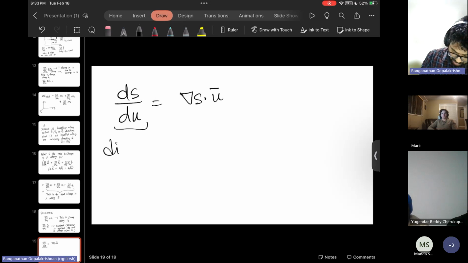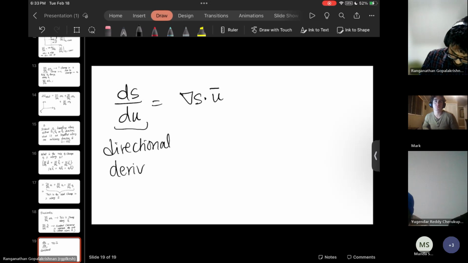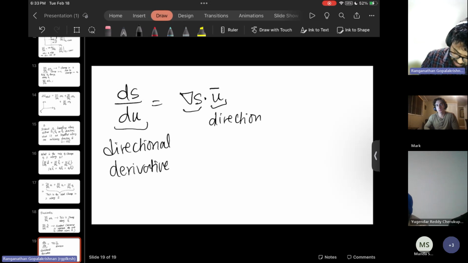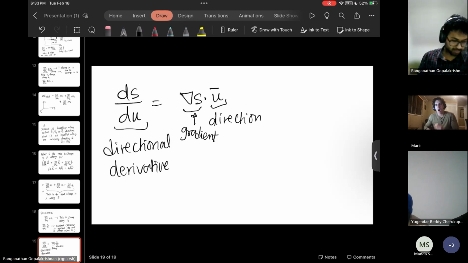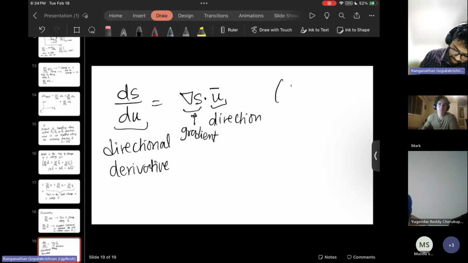This is the directional derivative, this is the arbitrary direction, and this is the gradient. You can also find this discussion in section 2.6.2 of the text.